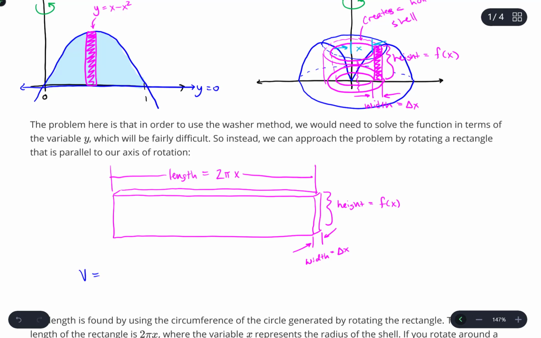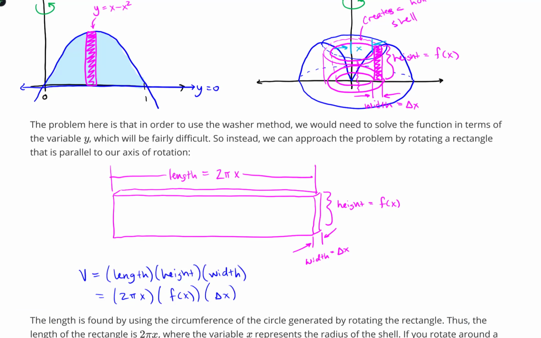So the volume of this rectangle would be, I know we generally say length times width times height, but I'm going to say here length times height times width. The reason I'm ordering it that way is because the length is this factor 2 pi times x, the height is the function f of x, and the width is delta x.